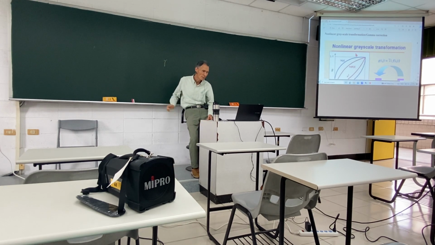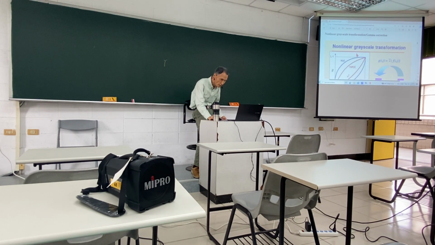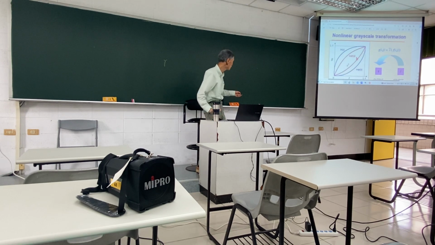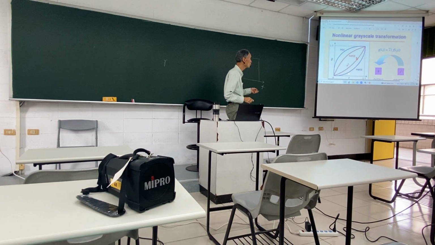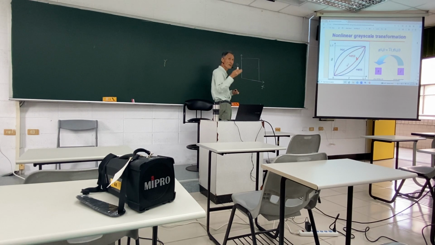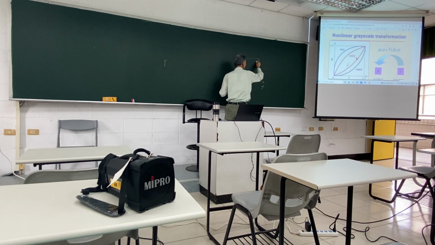Okay, gamma. Anyway, the transformation is like this. If this is F, the original image, or original gray value, you want to transform it to a new intensity, a new gray value.